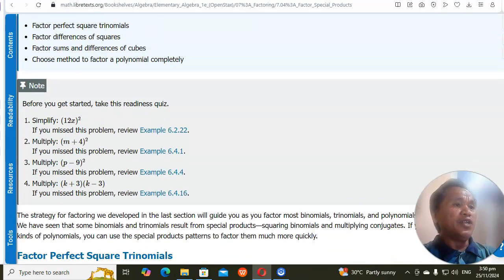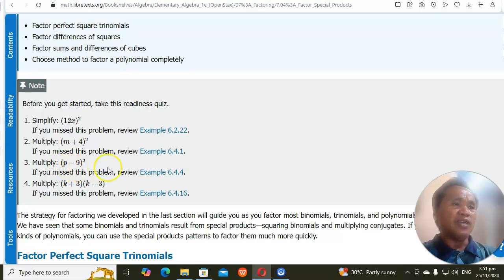Then for the third one, you have (p - 9) quantity squared. So to get the product, you get the square of the first term, so that would be p squared. Then multiply this one and this one, you get negative 9p.